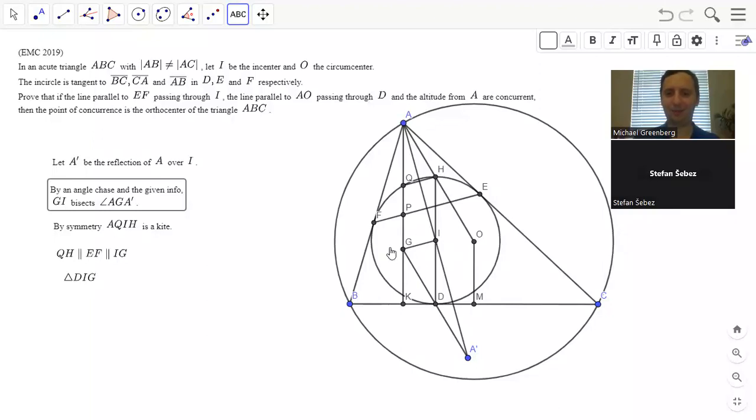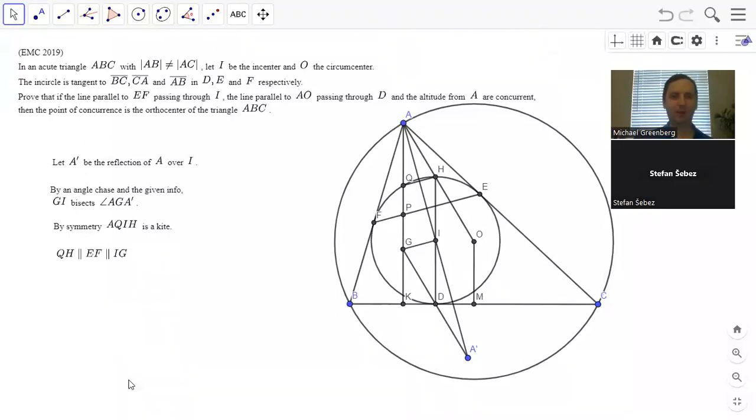Sorry, just so IHQ is isosceles. Whatever. I think we can stop it here because we're a little bit over, but I think we're really close. You might have figured it out, and I might just be confused, but I think it is left just to write those angle chases, but we are basically done.